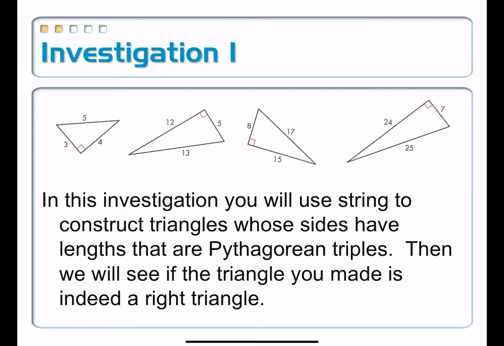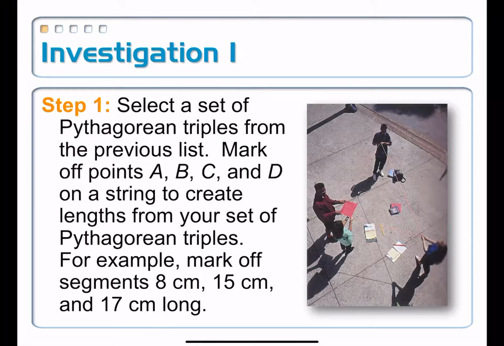To do that, we're going to use some string. Do you have some string lying around? Maybe an old kite you can rip it off of? Okay, so you're going to select a set of Pythagorean triples from that previous list, and you're going to mark off points A, B, C, and D on that string to create those lengths from the Pythagorean triple.